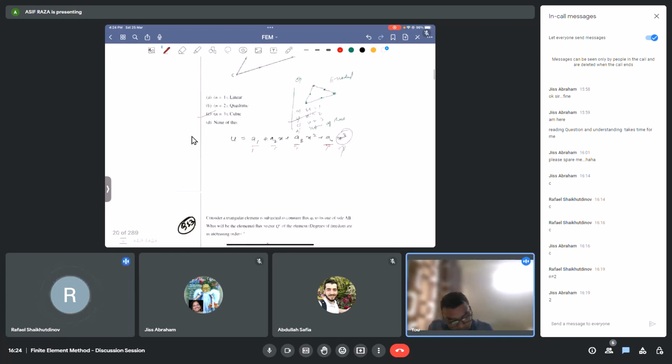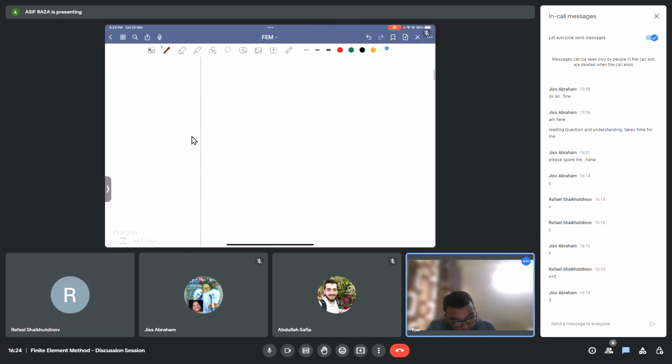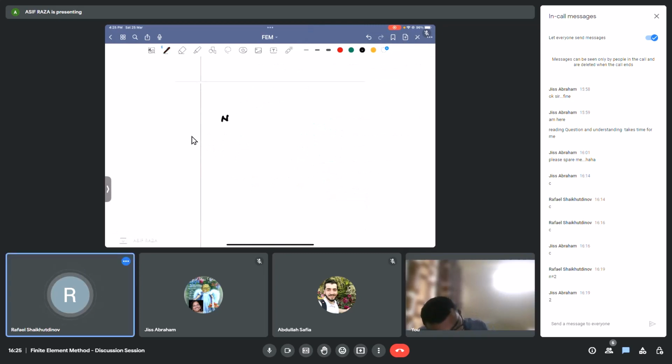N1 is equal to 1 minus 2s divided by l, multiplied by 1 minus s divided by l.